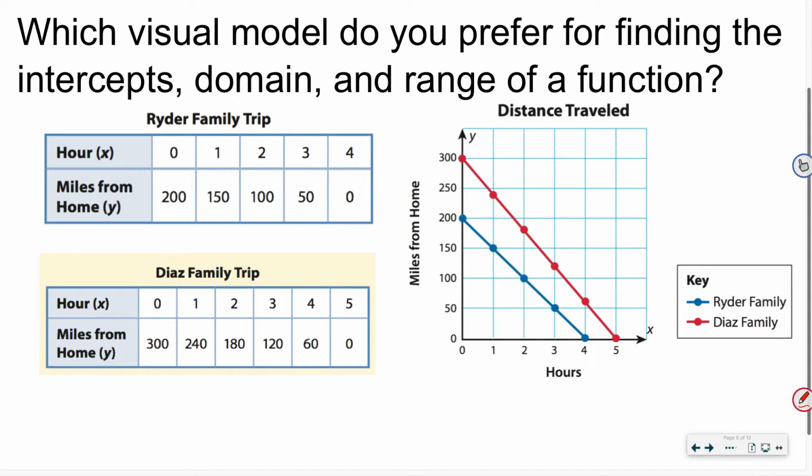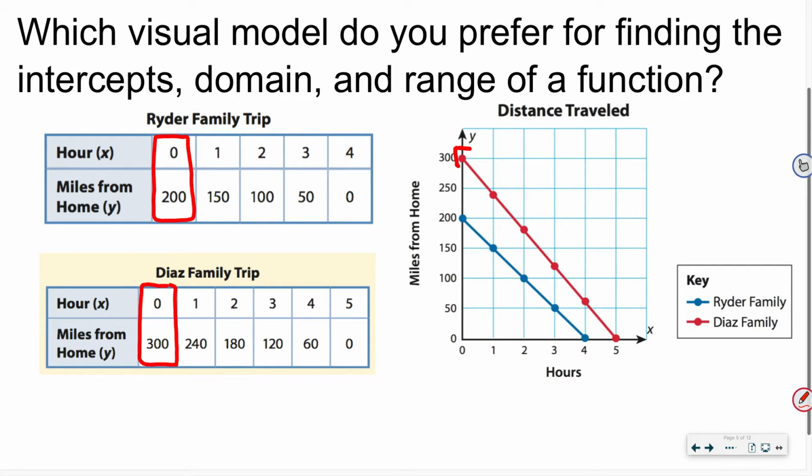So now, let's start with the one we know, because we've done it before. Where in the table would I find the y-intercept? Where x is 0. So our y-intercept is here. Where on the graph would I identify my y-intercept?